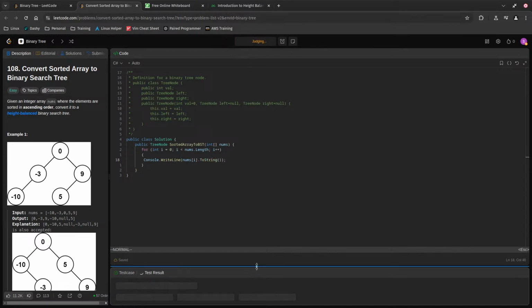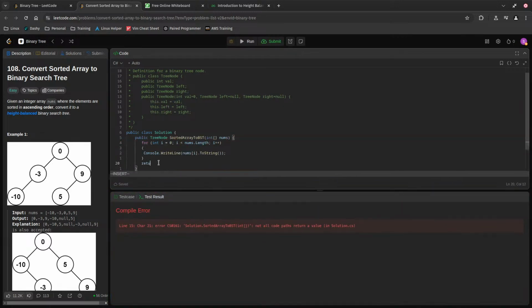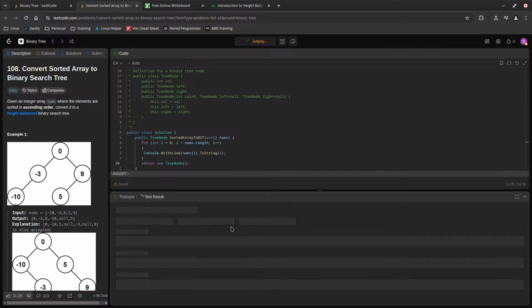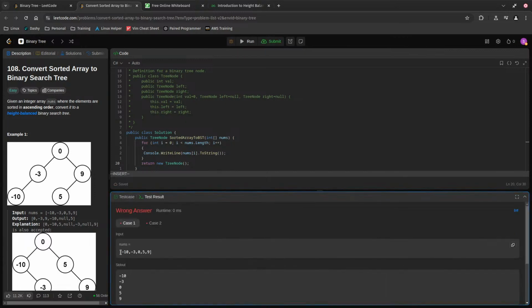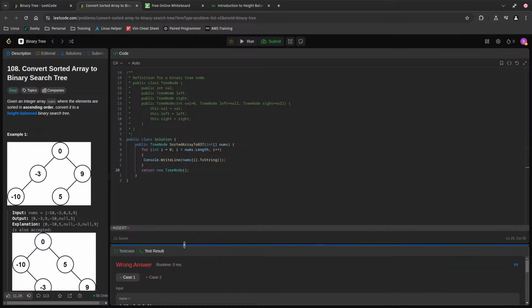Just want to make sure I can print this out. Return new TreeNode. Make sure we grab the values is all. Output, okay, so got that right.